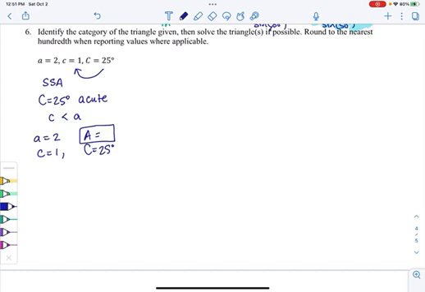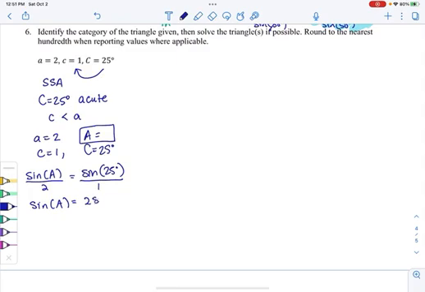Okay, so I know then that sine of big A over 2 is sine of 25 degrees over 1. In this case, I'm trying to get sine of A by itself. So multiplying both sides gives me sine of A equals 2 sine of 25 degrees. This is all over 1, but I don't need to write that.